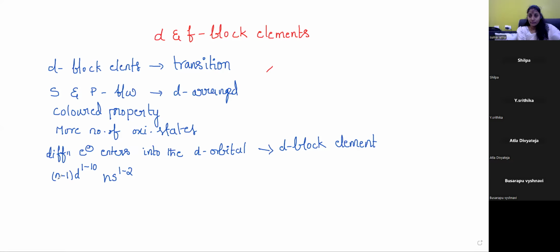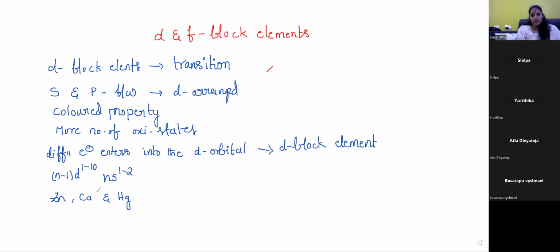Here a few exceptions are there. A few elements come under D block, but we should not call them transition elements. What is the reason? We should know. Those elements are zinc, cadmium, and mercury. Zinc, cadmium, mercury.